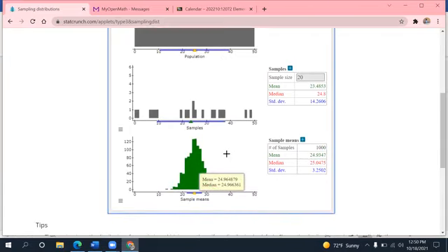Yeah. This one doesn't look bell shaped to me. Yeah, I think it's bell shaped also. This one? Yeah.